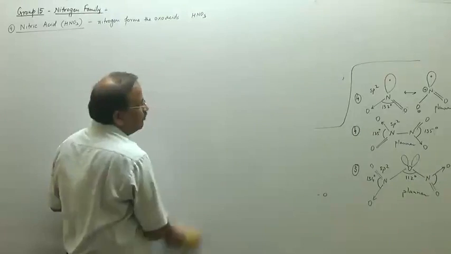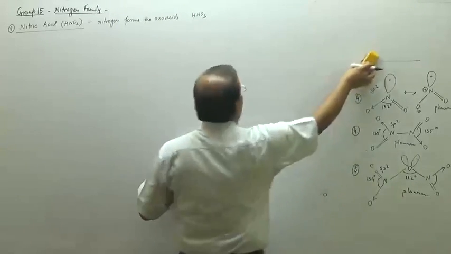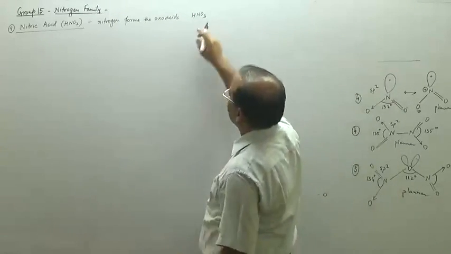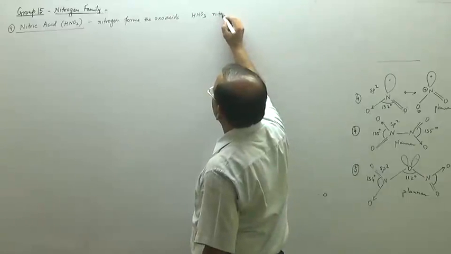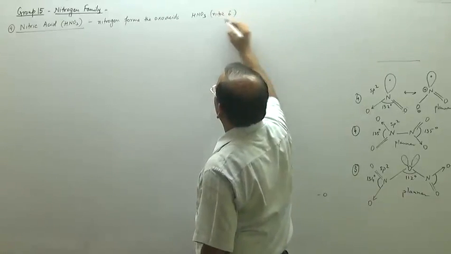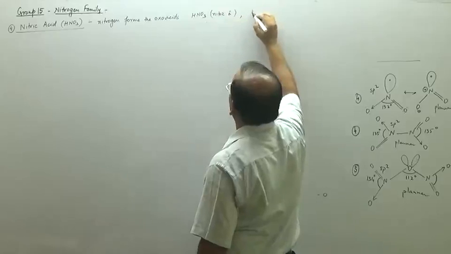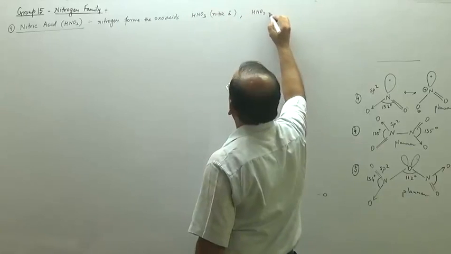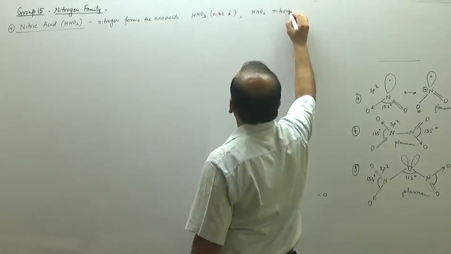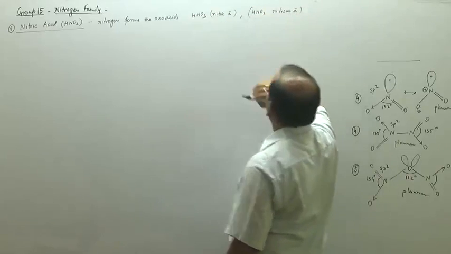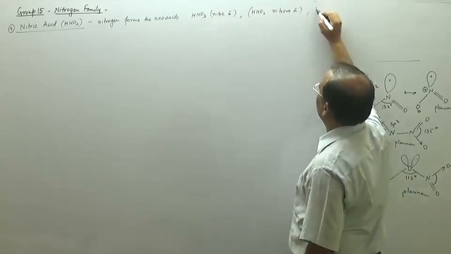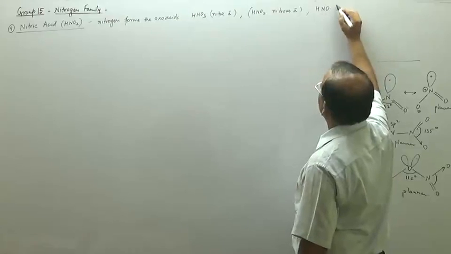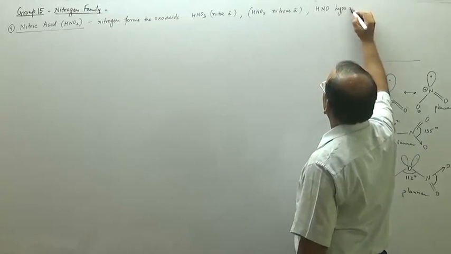I'm going to write that. This is nitric acid. Then remove one oxygen, you'll get nitrous acid. Remove one more oxygen, I'll get HNO. This is hyponitrous acid.